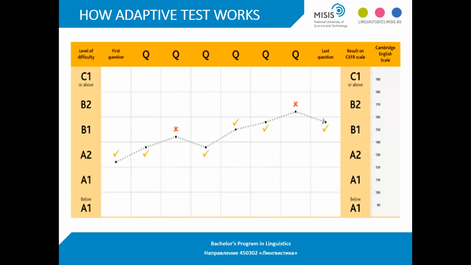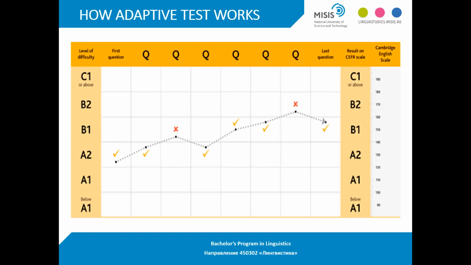So first of all, adaptive computer-based testing fits only the tests which are identifying your level. Because if you are within one level, if you are sitting a B1 test, for example, it doesn't need to be adaptive.